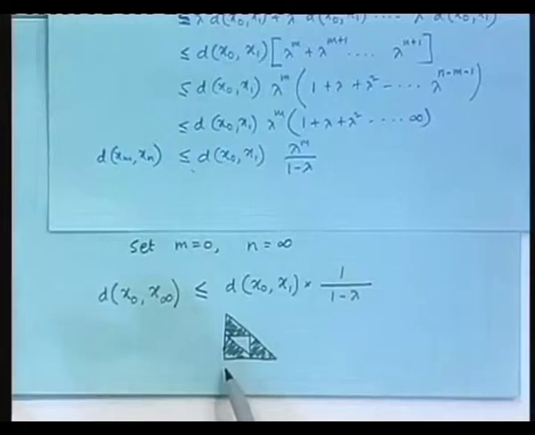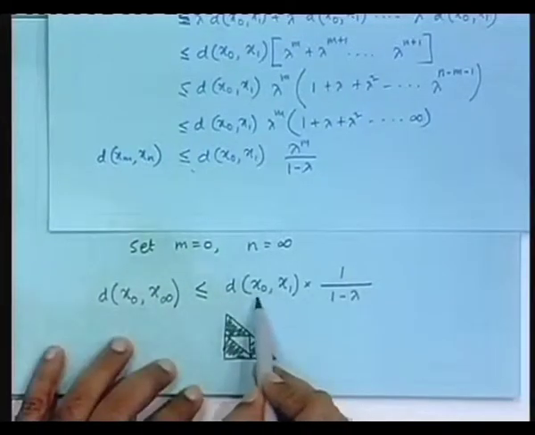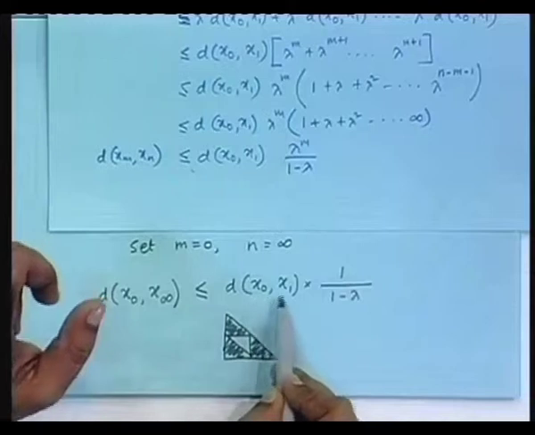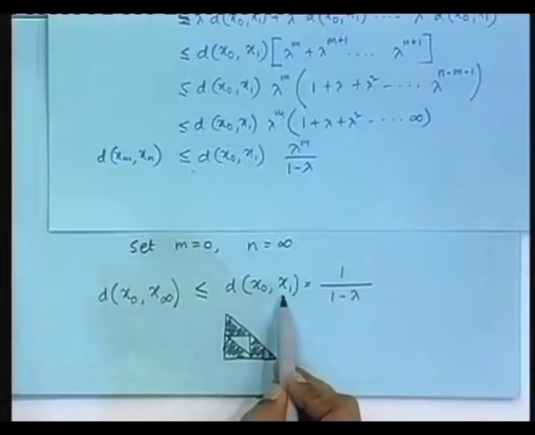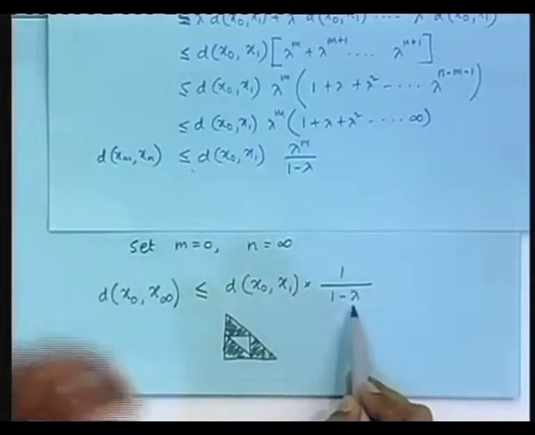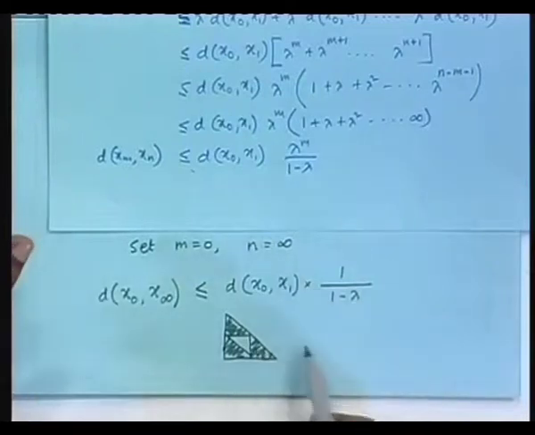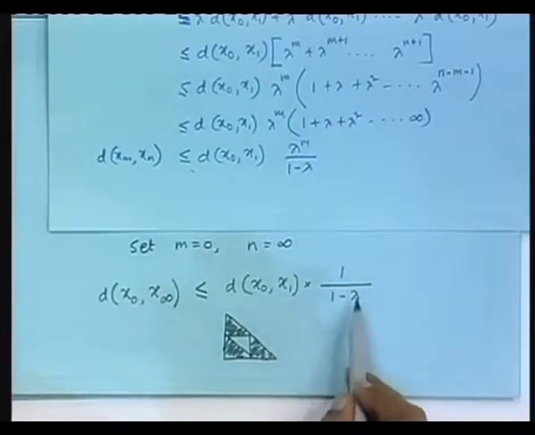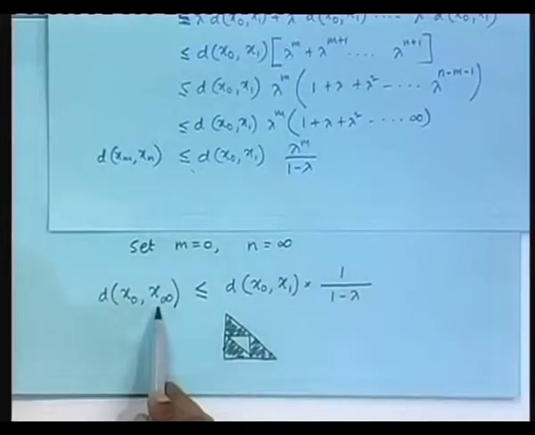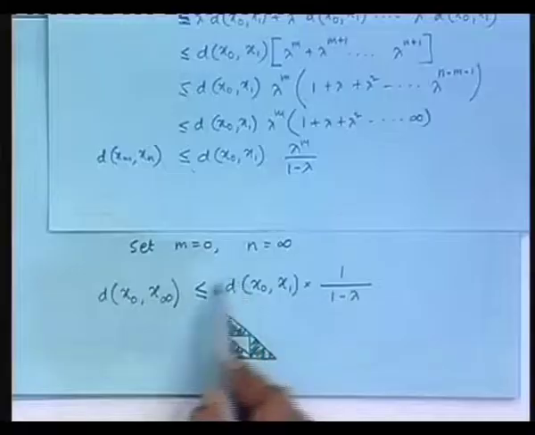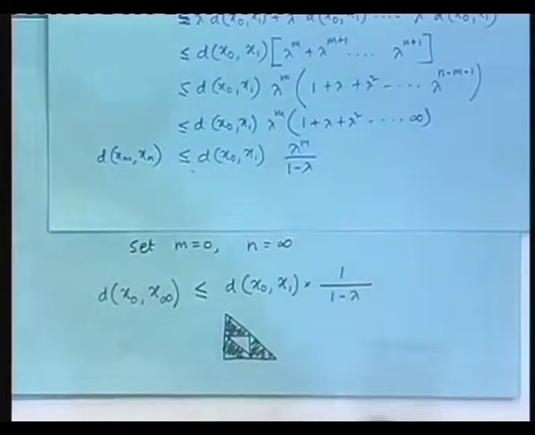If the distance between the starting point and the first iterate is very small, and if the transformations are contractive, then you can always say that x infinity, the attractor, start from anywhere, the distance will be smaller than this number. Now, let us state this theorem in mathematical terms.